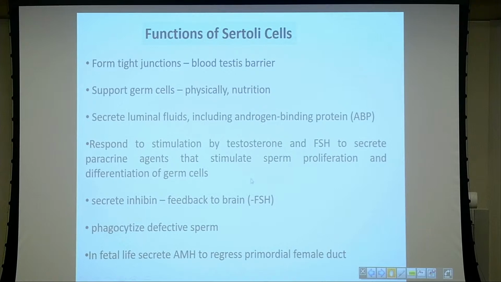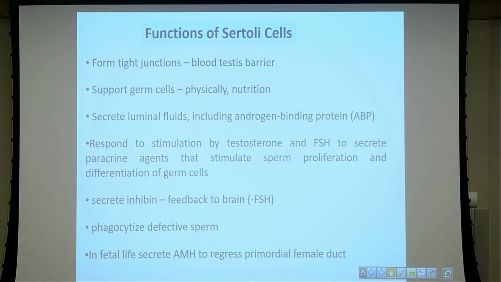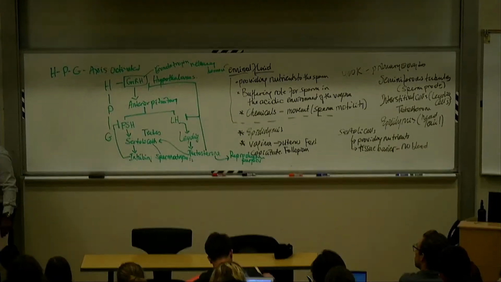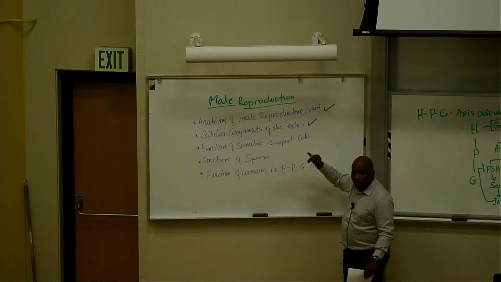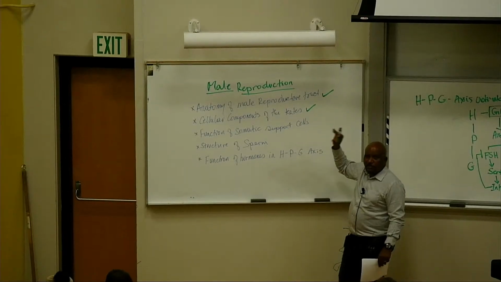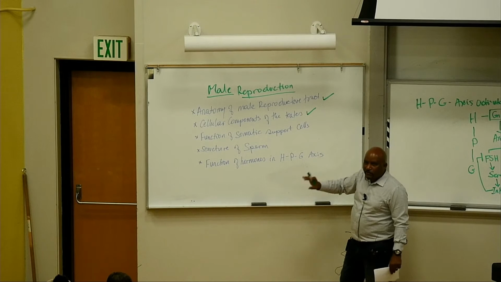In fetal life, we have already seen that in the fetal testis, the Sertoli cells are responsible for the production of anti-Mullerian hormone, which leads to the regression of the Mullerian duct, so that the female reproductive tract will not develop. I think that is all. We have already covered what the reproductive tract in the male looks like and the different components of the testis: the epididymis, the seminiferous tubules, the vas deferens, and all others.